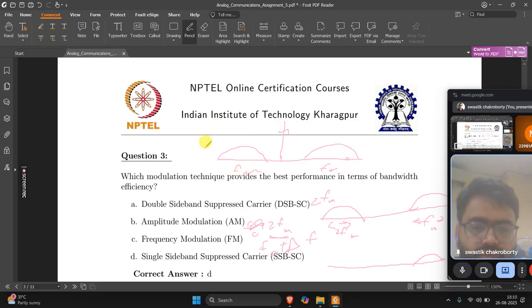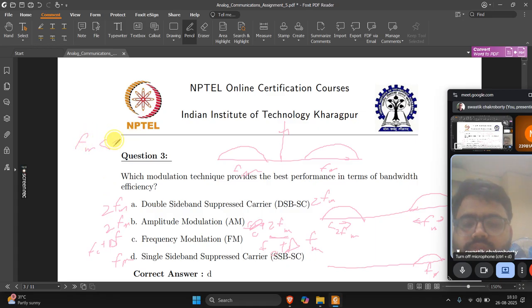And for frequency modulation it is FC plus delta F. So here the answer is 2FM, here the answer is 2FM, here the answer is FC plus delta F, and here the answer is just FM because you have a single sideband. So clearly FM is smaller than 2FM and FM is much smaller than FC.